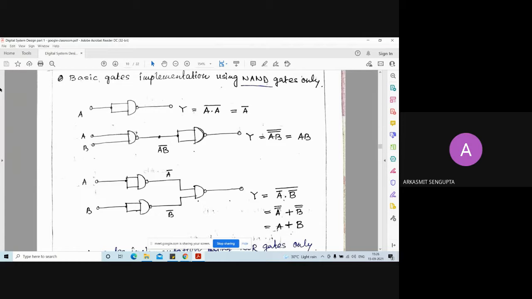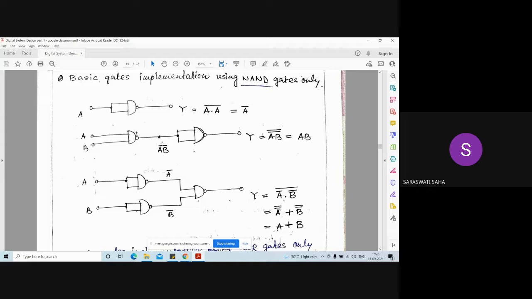Yes, ma'am. So in this configuration, this is a two input NAND gate. You will get here the NAND output. Then, to invert this term again, you should connect the two terminals of another two input NAND gate and feed this output to this input, and finally you will get the output Y, which is the complement of this, right?